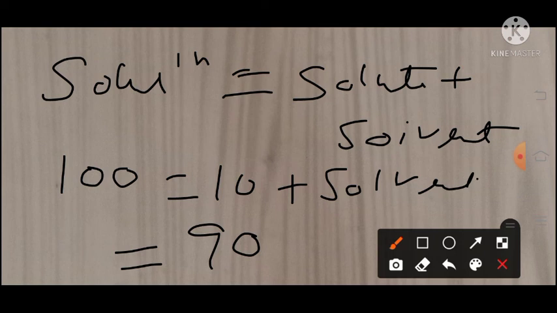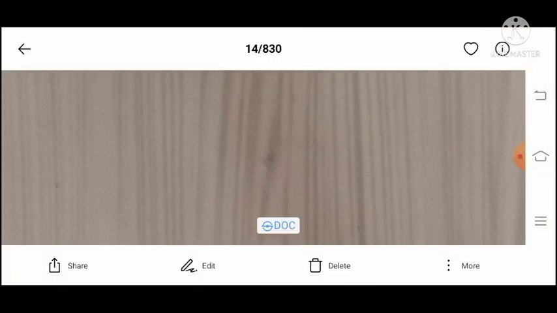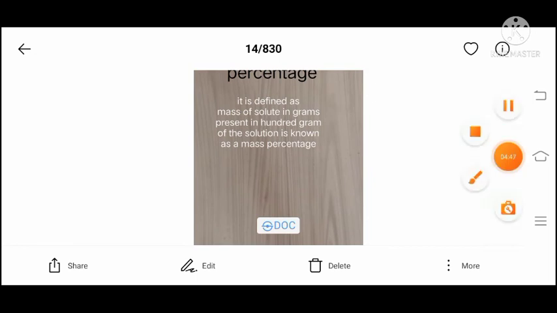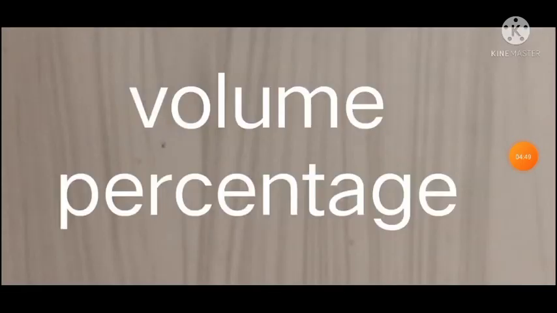Okay, now next one is volume percentage. Similarly to mass percentage, volume percentage is in terms of volume, milliliter or liter.